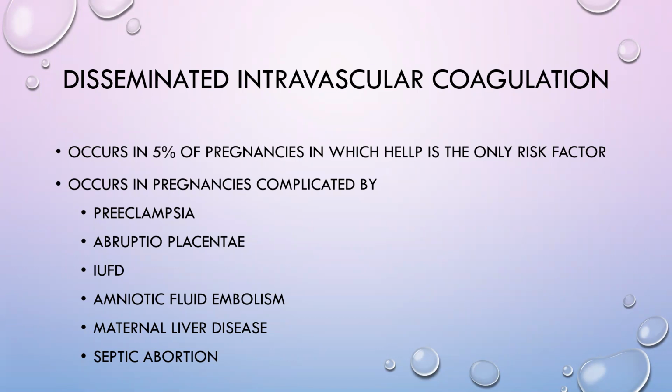It occurs in pregnancies that have been complicated again by preeclampsia, by an abruption, by intrauterine fetal demise, an amniotic fluid embolism, maternal liver disease, and septic abortion. DIC is a clotting disorder.